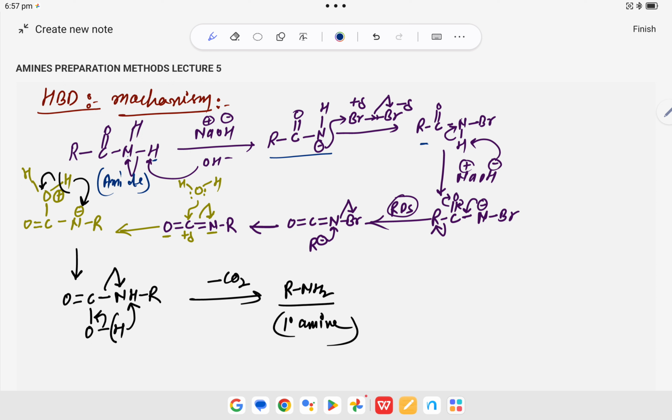Then again an OH unit comes, approaches the hydrogen, and nitrogen again gets negative charge. Electrons shift, back bonding, and alkyl will leave. That alkyl approaches nitrogen, the bromine electrons shift, then one unit of water attaches to carbon, then the positive charge of oxygen is vanished by the hydrogen, which attaches to the nitrogen, then you have to remove CO2. That is the complete mechanism of HBD.